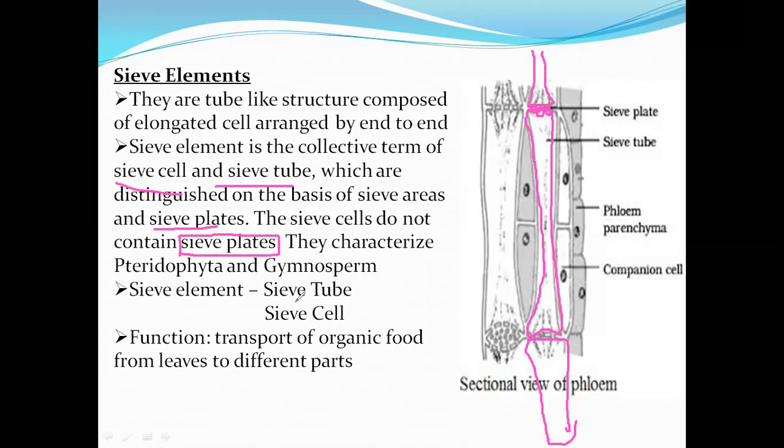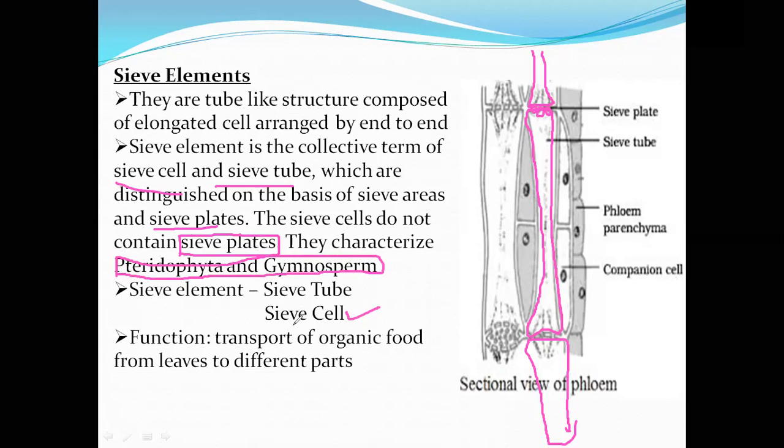Sieve cells are present only in lower plants like pteridophytes and gymnosperms. Just remember, sieve cells are the primitive sieve elements, a simple structure that does not contain any sieve plate.